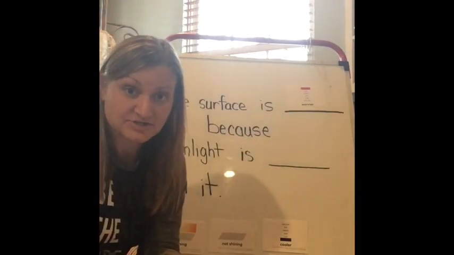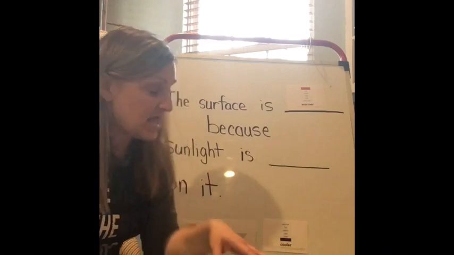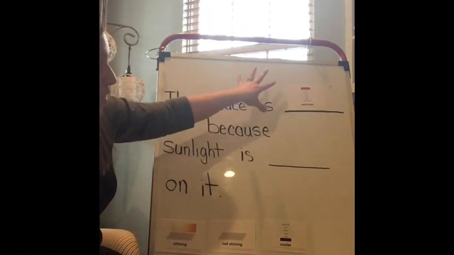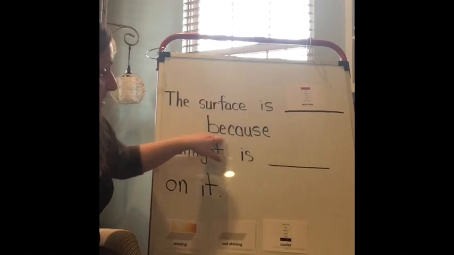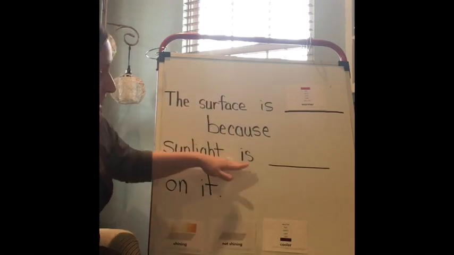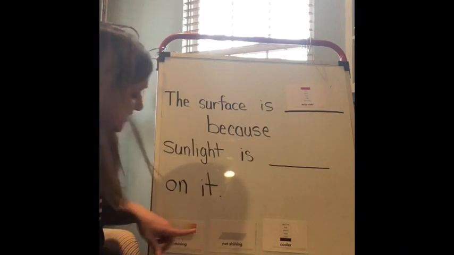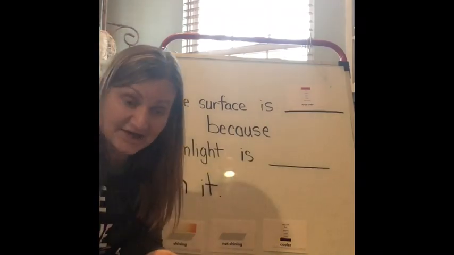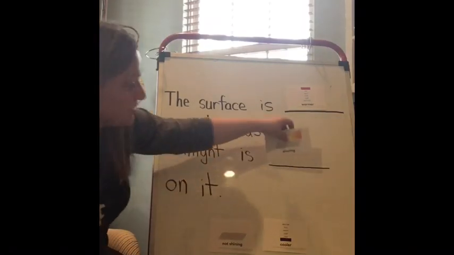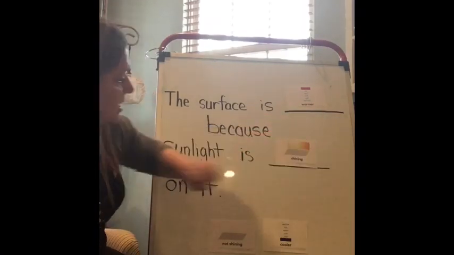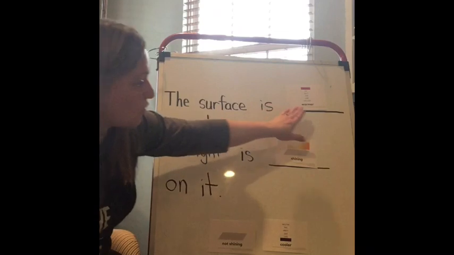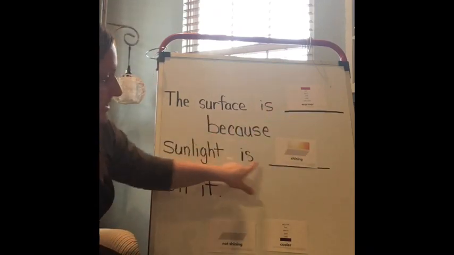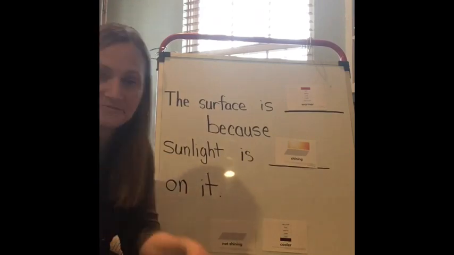That's the effect, right? That is what has happened. And then remember that nice word we always use to explain why the effect happened: because sunlight is. Now, was sunlight shining on it or not shining on it? It was shining on it, right? That's what made it warmer. So we're going to move that word up there. So the surface is warmer because sunlight is shining on it.